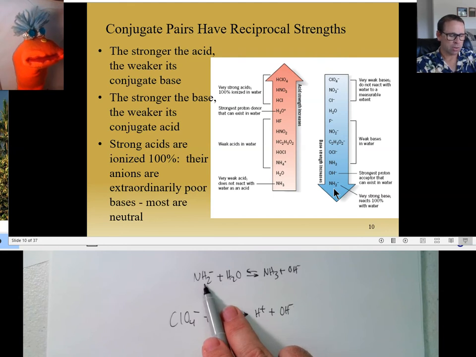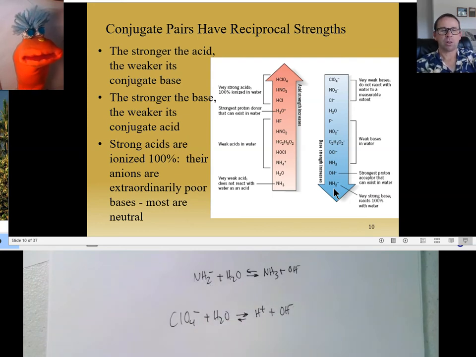So if NH2 minus is in solution, it's going to be a very strong base. So the conjugate acid-base pairs are reciprocal in their strength. Strong acid, very weak conjugate base. Or weak acid, very strong conjugate base. Okay.